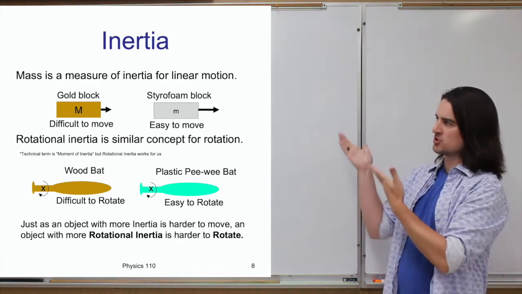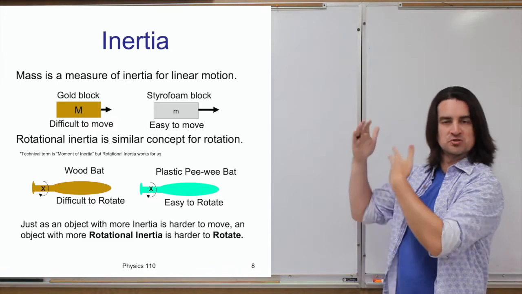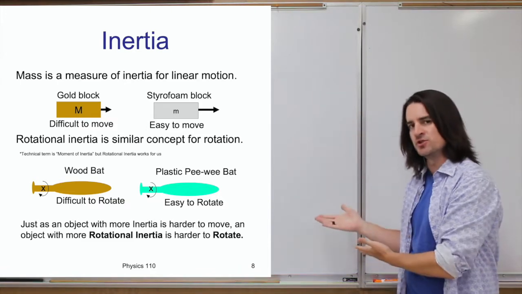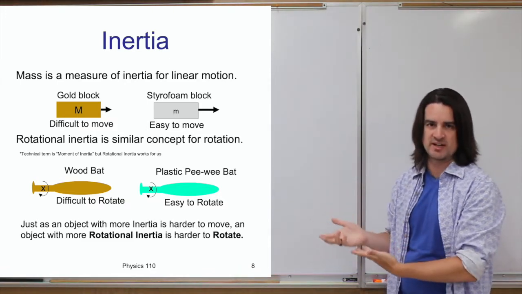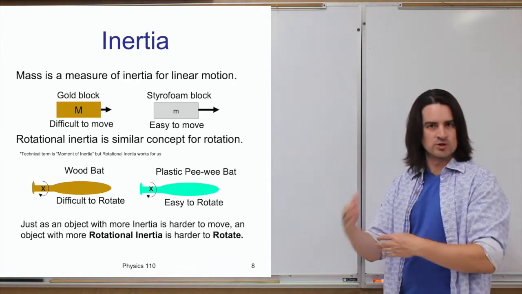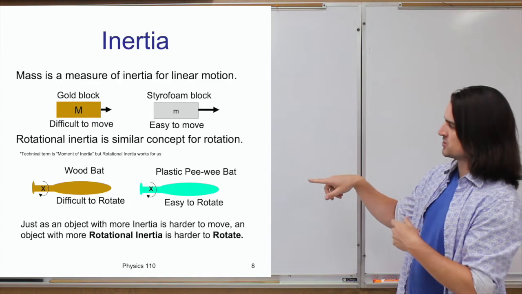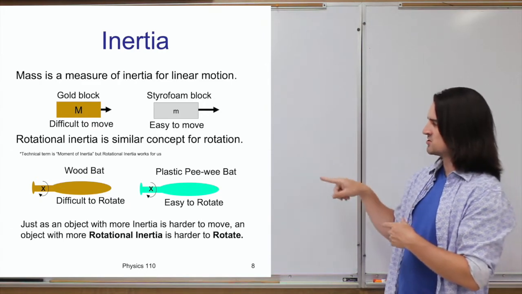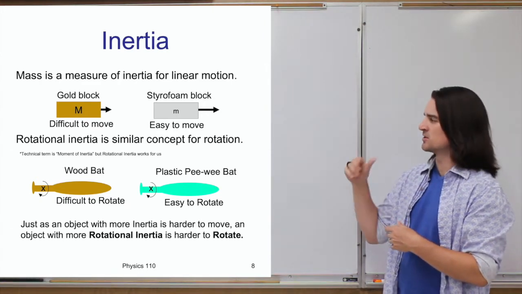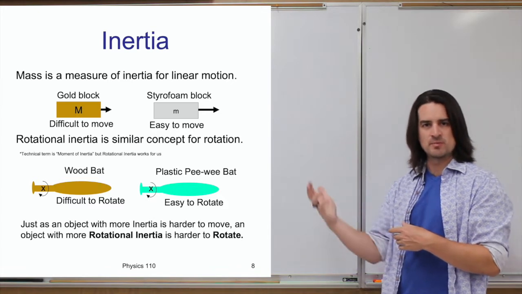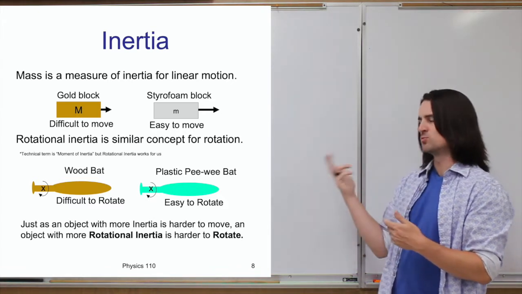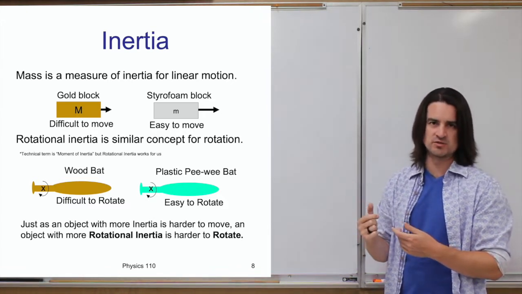And as it turns out, just like inertia is proportional to mass, rotational inertia is also proportional to mass, but there are more complications, and we'll get to that in a second. But in this case, at least I can tell you that even with the same size, same shape objects, the wooden bat is going to be heavier, more massive than the plastic bat. So the wooden bat is going to have more rotational inertia.